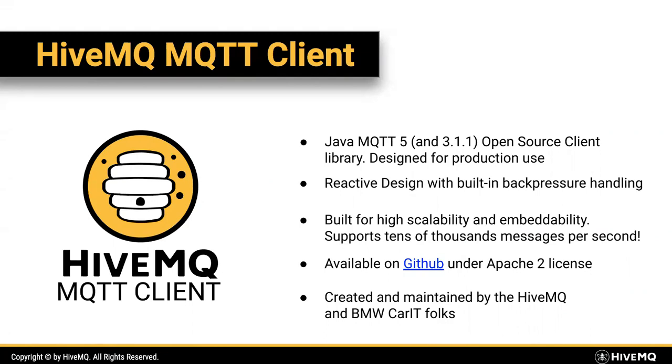It's a reactive design. It's built for high scalability and most importantly, embeddability. So we're talking about sending up to tens of thousands of messages per second and maintaining really a very, very low overhead. So you usually don't notice the library at all when using this.